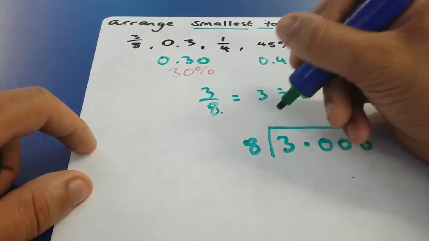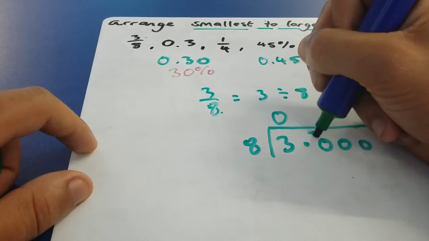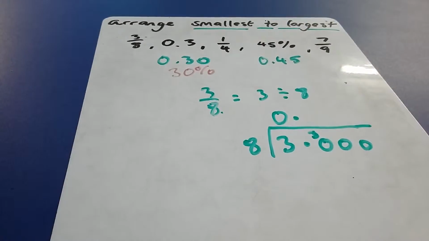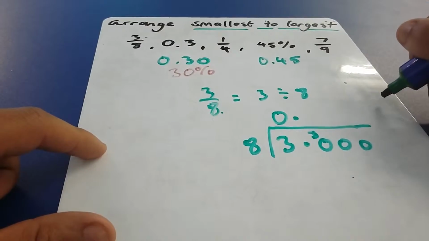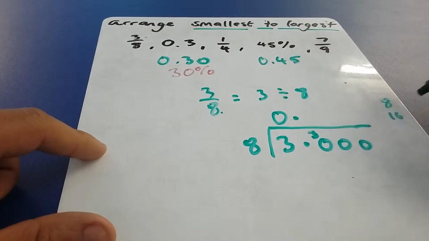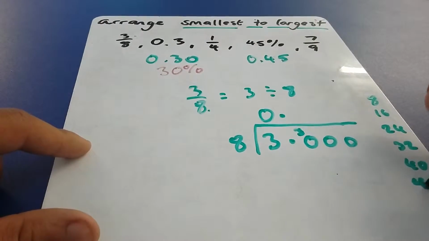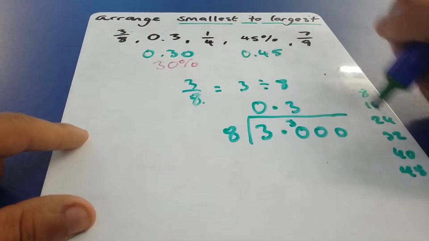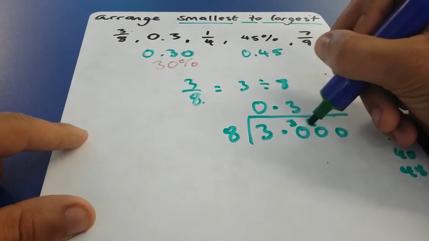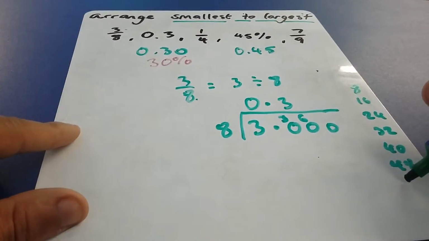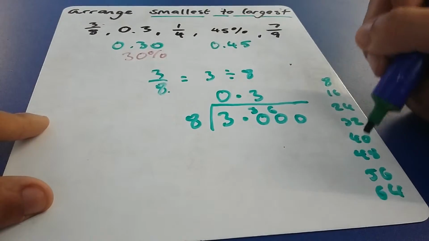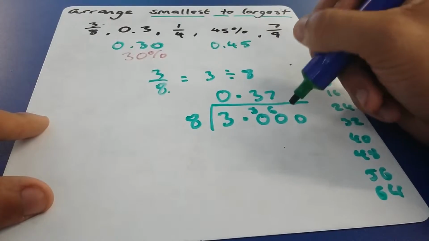So 8 into 3 doesn't go, so it's 0, remainder 3, decimal point there. 8 into 30. Okay, if I've forgotten the 8 times tables, it might help if I write them out here on the side, up to 48. So 8 into 30 goes 1, 2, 3 times, remainder 6. 8 into 60 goes, we'll need a couple more numbers down here, so 1, 2, 3, 4, 5, 6, 7 times, remainder 4.